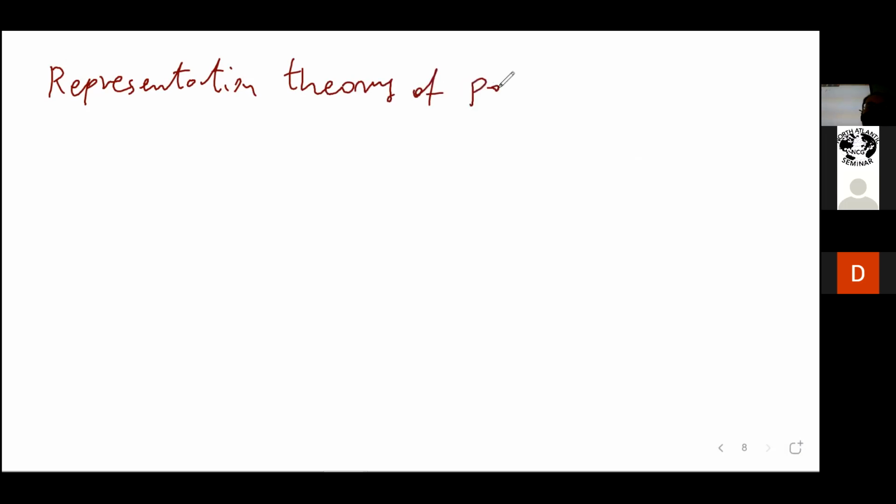So you can title it representation theory of path algebras. First, we need to define what is a representation of a graph.